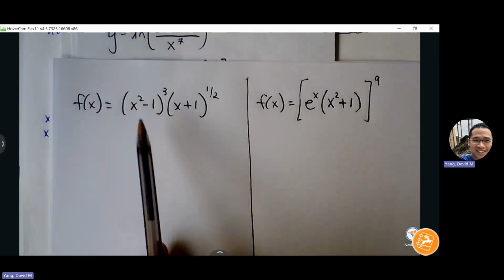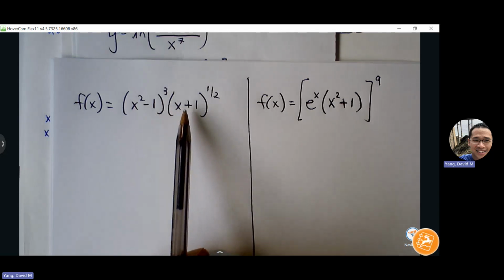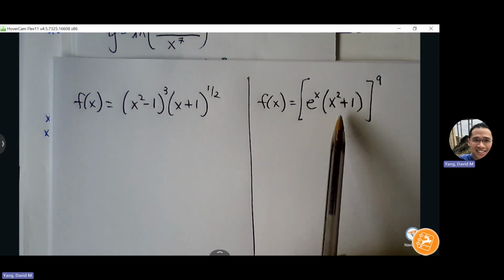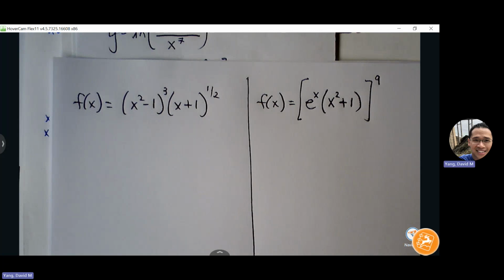Okay, do we see the need for a product rule here? Do we see a need for a chain rule here? Yes. Do we see a need for product rule here? Do we see a need for chain rule here? Yes, okay. But the order is going to be different for both of these.